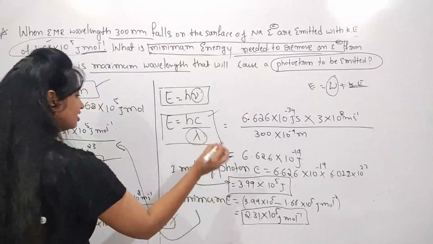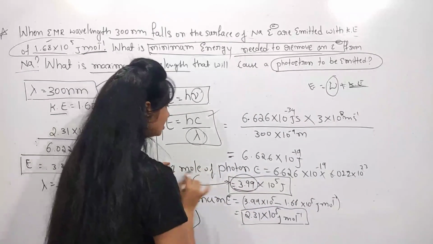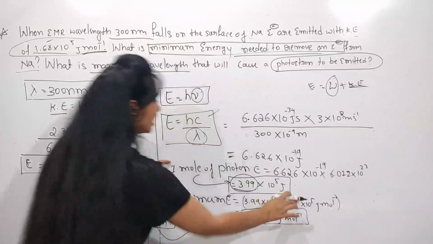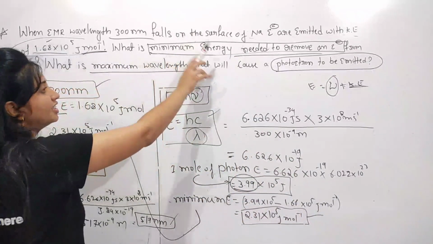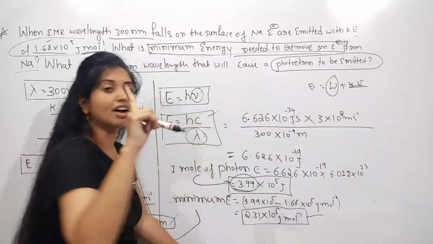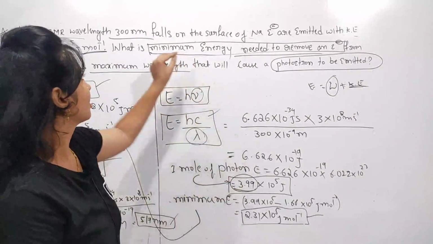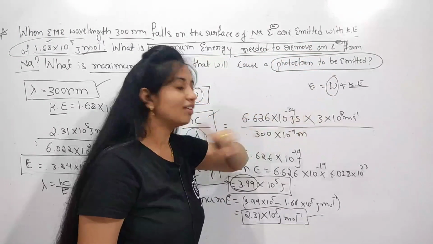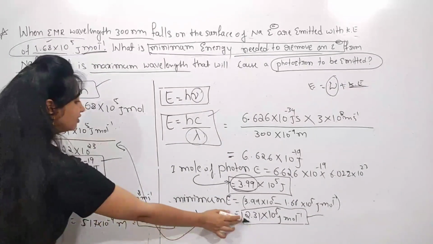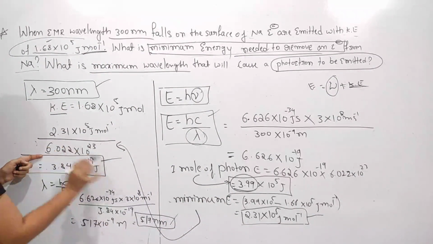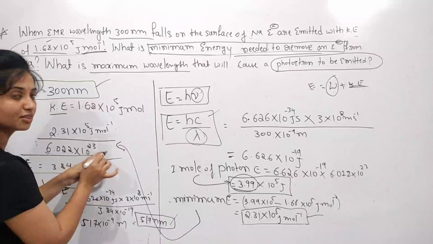Then the energy of 1 mole of photons minus the kinetic energy gives the minimum energy needed to remove an electron for 1 mole. But for 1 photon, again we have to divide this 2.31 × 10^5 joule per mole by 6.022 × 10^23.